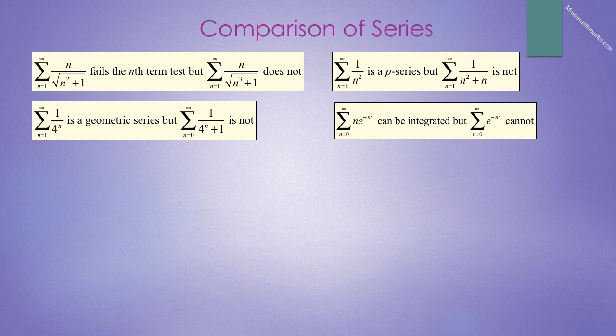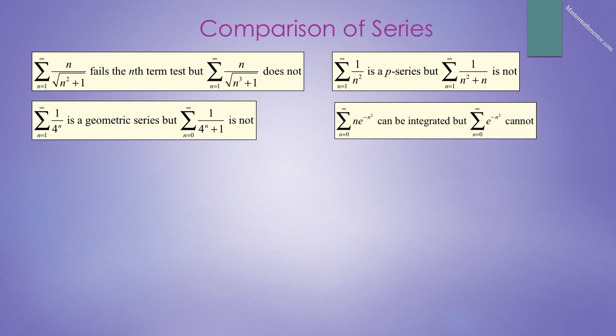For instance, summation n equals 1 to infinity of n over the square root of n squared plus 1 fails the nth term test, but summation n equals 1 to infinity of n over the square root of n cubed plus 1 does not.